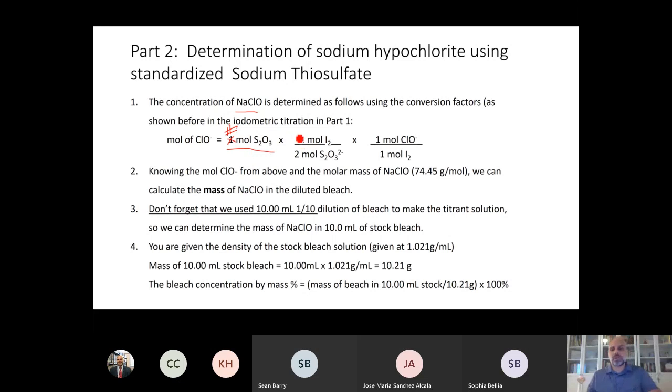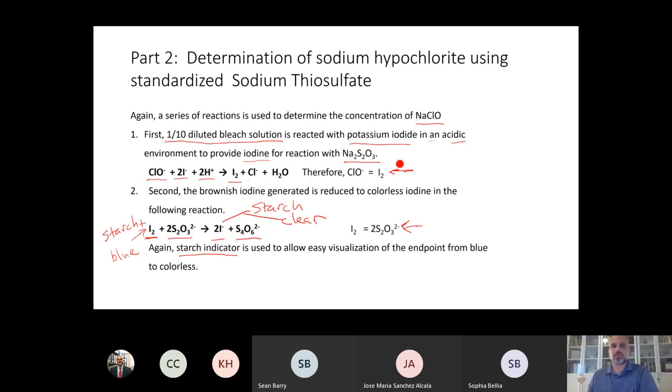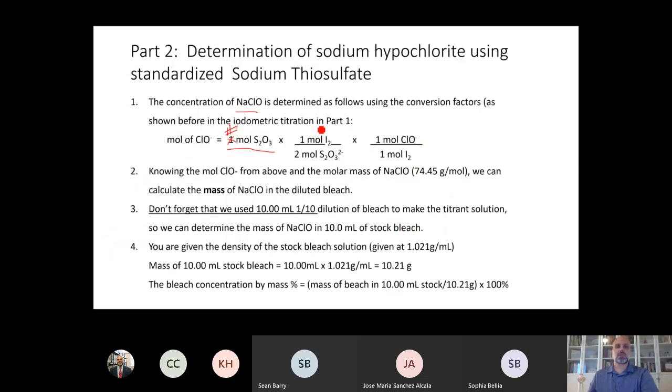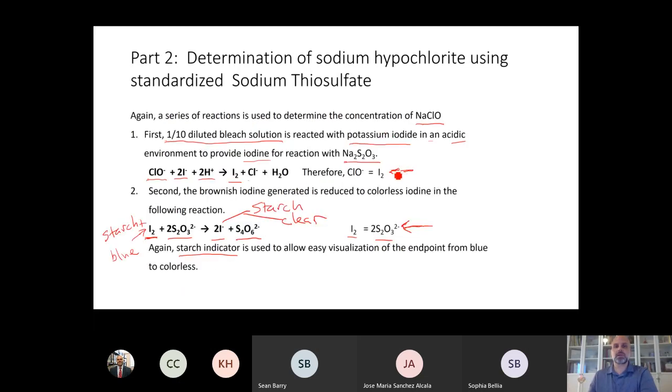We know from the lower reaction here that we can interconvert between the concentration of iodine and the concentration of the thiosulfate. And we're going to plug that in here, where we have 1 mole of iodine for every 2 moles of thiosulfate. And then we know from the first reaction that we can interconvert between the iodine and the perchlorate ion.